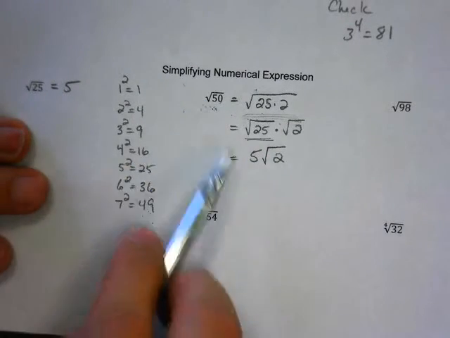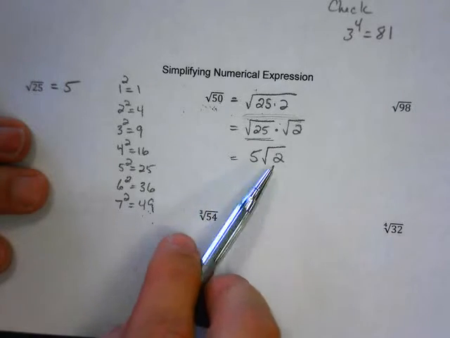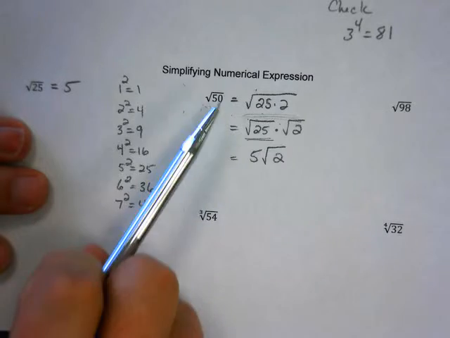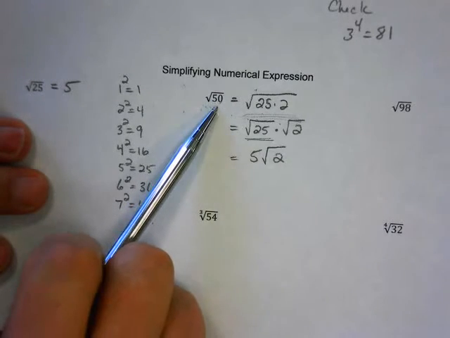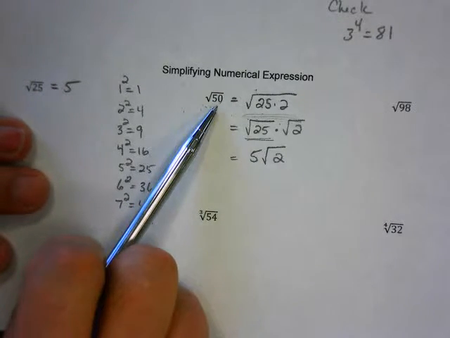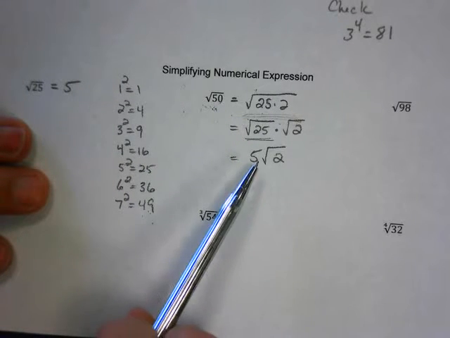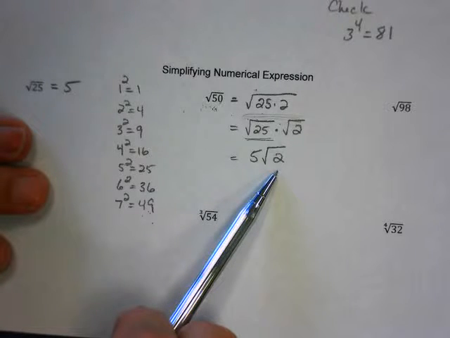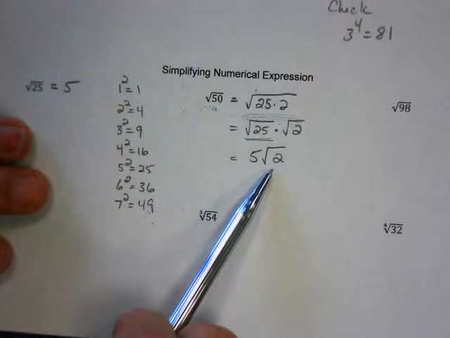So the square root of 50 is equal to 5 square roots of 2. If you want to check this, put the square root of 50 into your calculator, get the decimal approximation of that, then do 5 square roots of 2, and get the decimal approximation of that. And what do you know about those decimals? They're the same. They're equal.